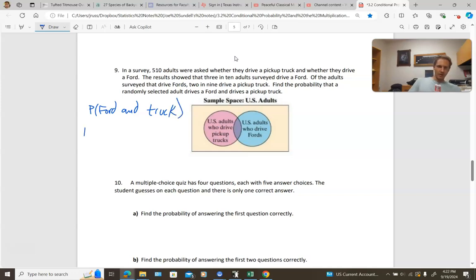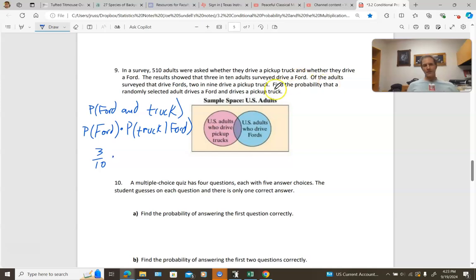All right, well, this will be equal to the probability that they drive a Ford times the probability that they drive a truck given that they drive a Ford. Okay? So these are dependent events. The probability that they drive a Ford is given to us because it says that 3 out of 10 adults drive a Ford, so that's 3 out of 10.